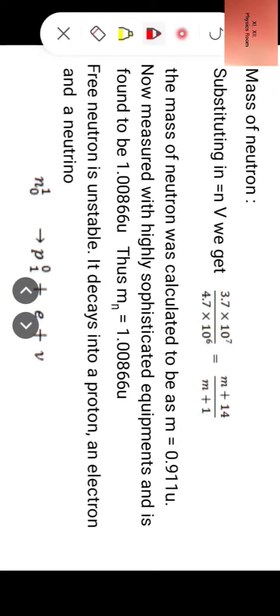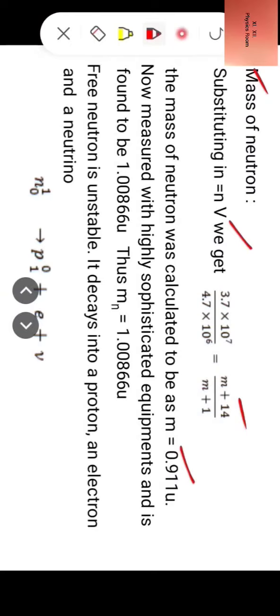Now, mass of neutron. Substituting these values of up and un in equation 5, we get 3.7 into 10 raised to the power 7 divided by 4.7 into 10 raised to the power 6 equal to m plus 14 divided by m plus 1. After simplification, the mass of neutron was calculated to be m equal to 0.911 units.